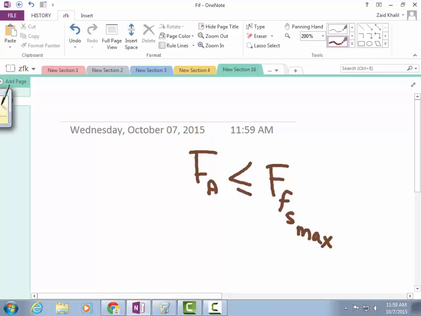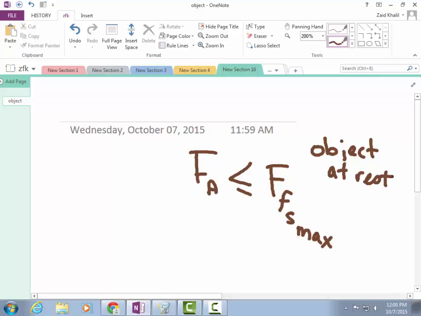And this is going to be true so long as the object, what? That's right, doesn't move. Object at rest. Okay? So, just want to make sure that this is less than F_s max.